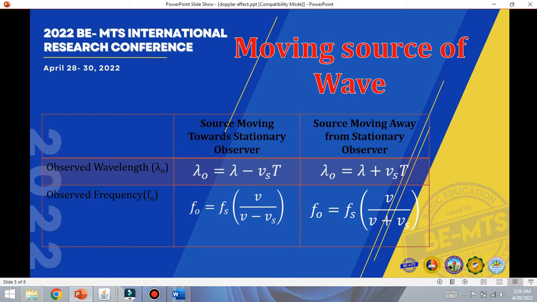It's shorter when the source is moving towards a stationary observer, and that makes the frequency higher, since there is no relative velocity of the wave. The observed frequency will be higher. Now if the source is moving away from a stationary observer, the observed wavelength will be longer, and that makes the frequency lower, since there is no relative speed of the sound wave.